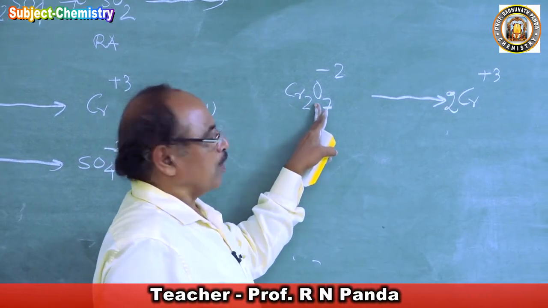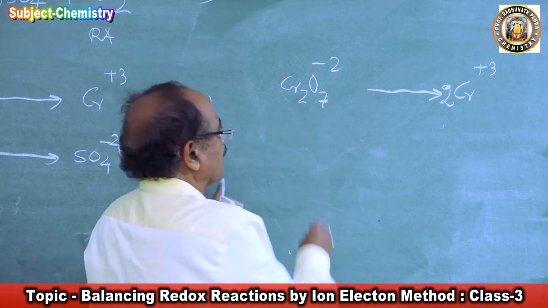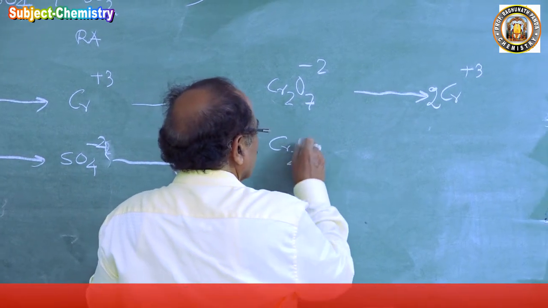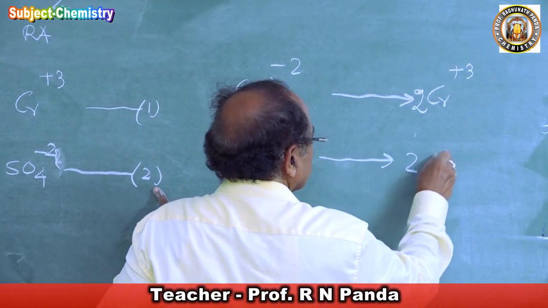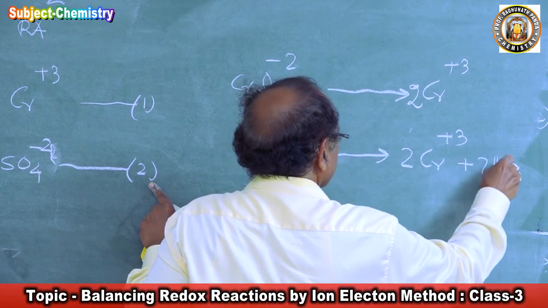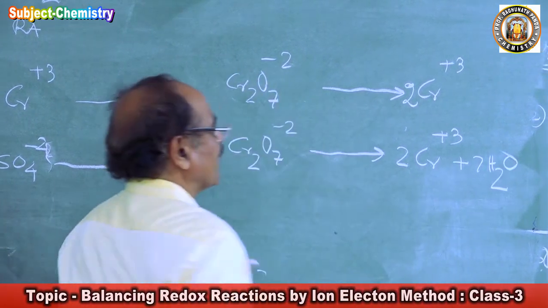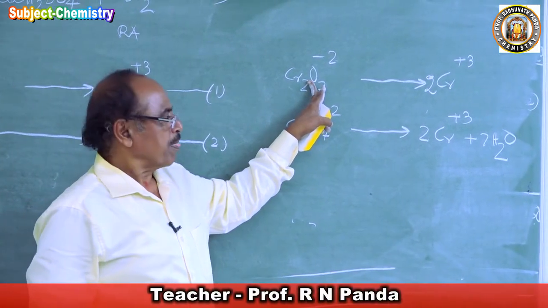Then balance the oxygen atoms by adding water molecules on the other side. So Cr2O7 minus 2 will give 2 Cr plus 3 plus 7 water.